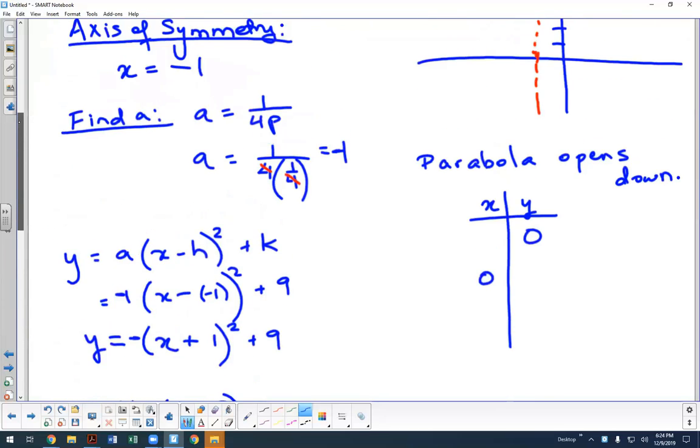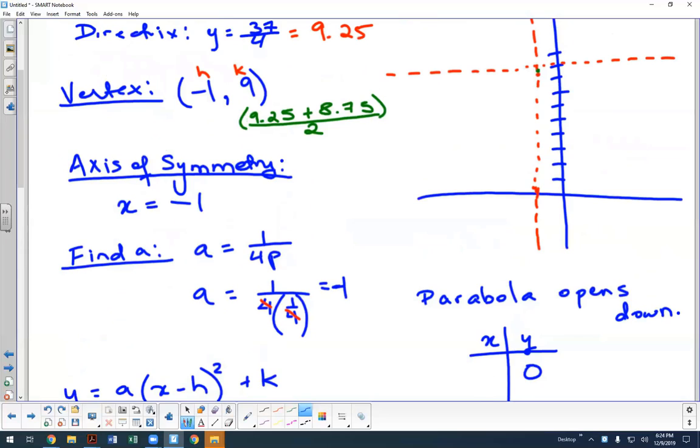So 2, 0 and -4, 0. So that's where our two x-intercepts should be.